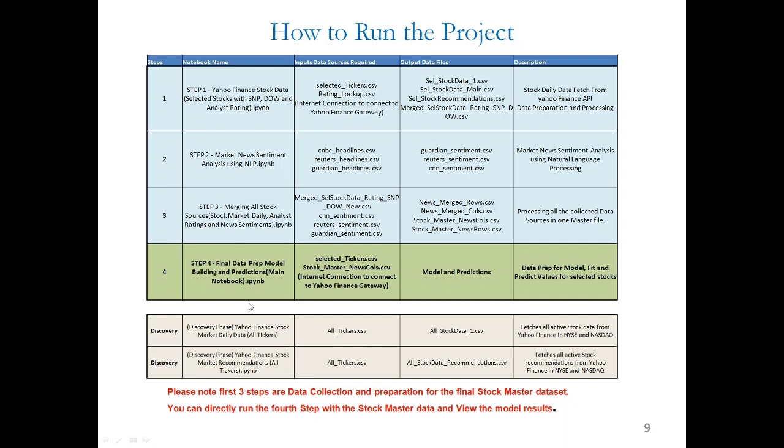You can directly run if you're interested in only the modeling part and prepping for the model. You can consume the select tickers and the select masters with the new column, and run the Jupyter notebook so that you can get the entire predictions here.